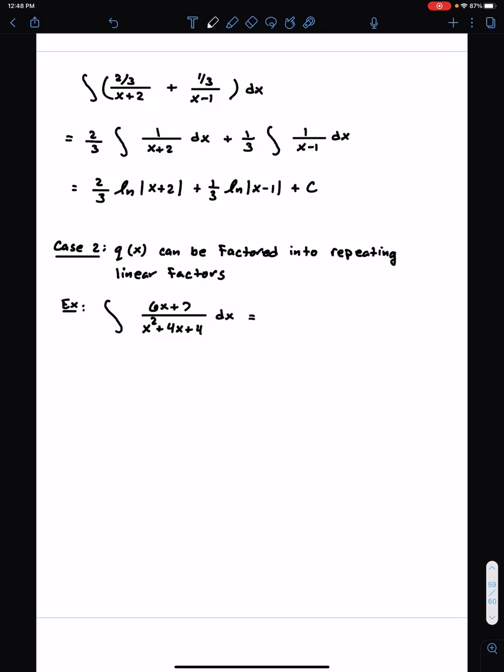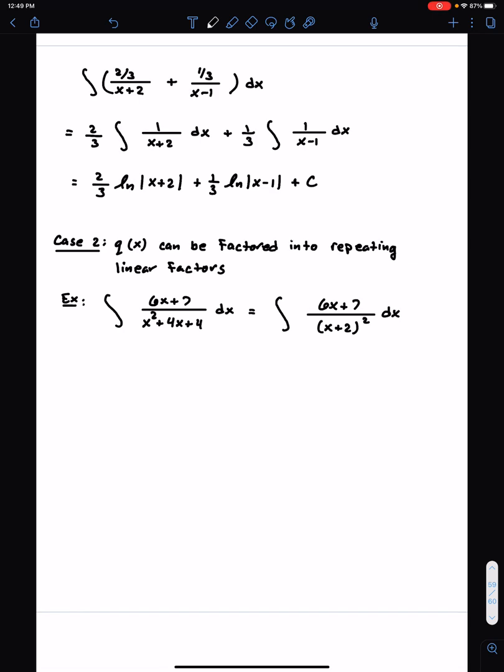So I can factor the bottom. 6x plus 7 divided by x plus 2 quantity squared dx.